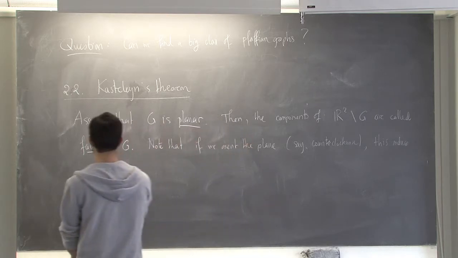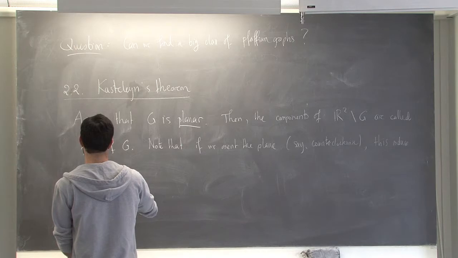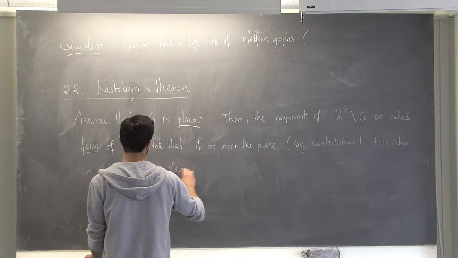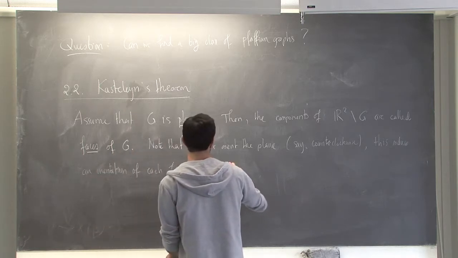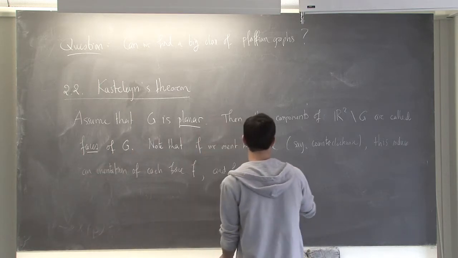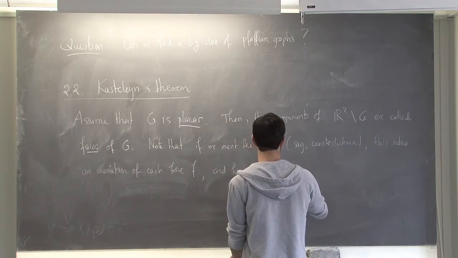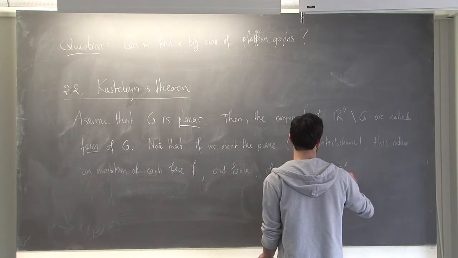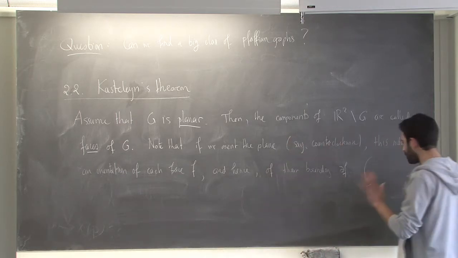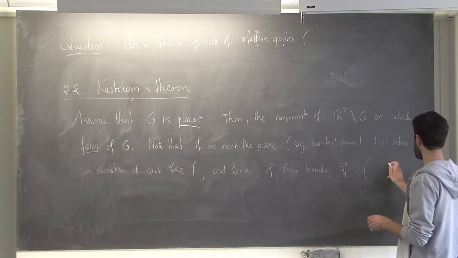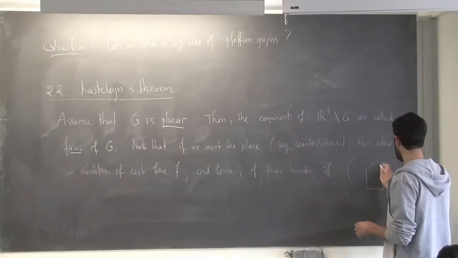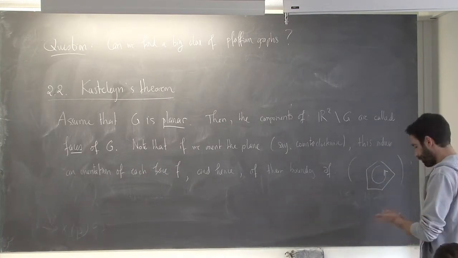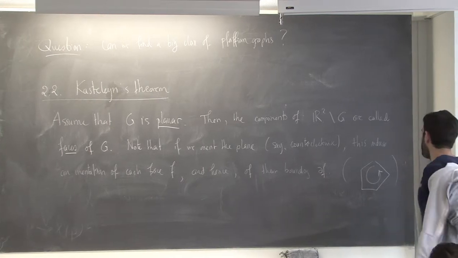This induces an orientation of each face F, and hence of their boundary, dF. And we'll just picture it all the time counterclockwise. So if we have a face, we'll always orient the boundary counterclockwise like this. This is just a convention.